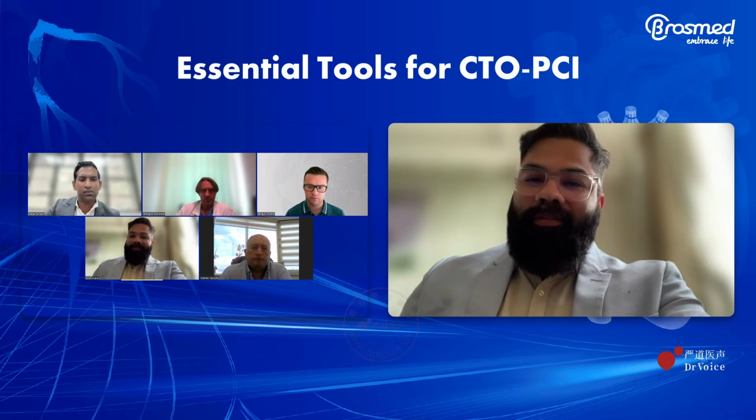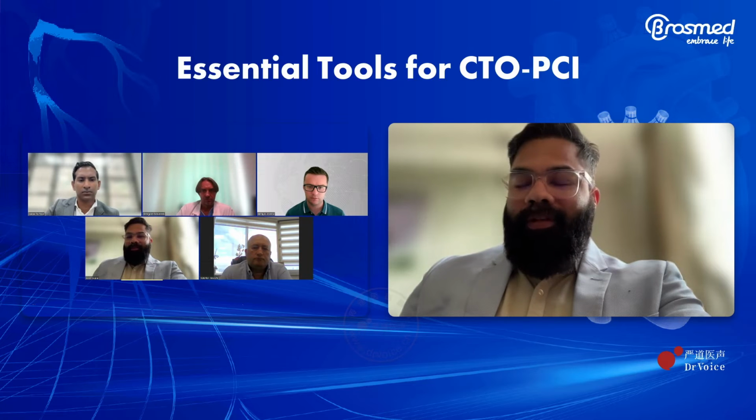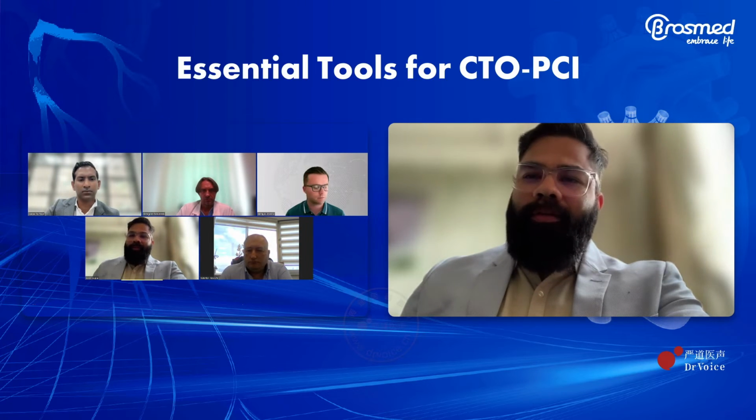Mostly in my experience, I have done the antegrade approach. If you have good skill and a good approach during the antegrade approach, then you can easily go through the case even with the Fine Cross.